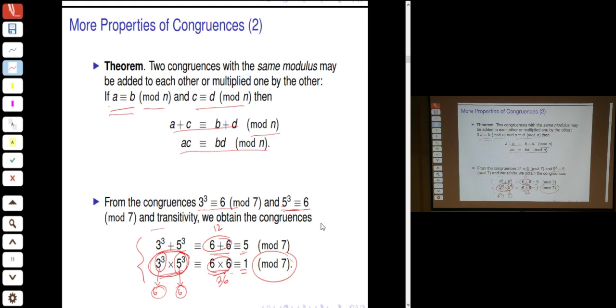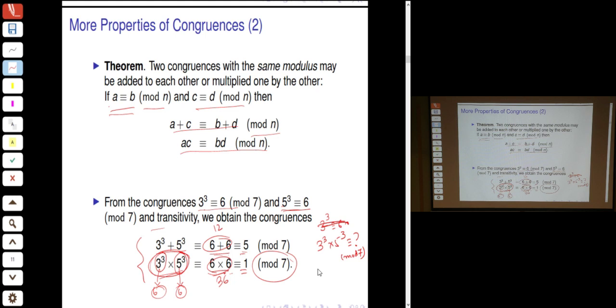So, just to go over the example again. Suppose we want to find the remainder when 3 cubed times 5 cubed is divided by 7. In other words, we want to find the question mark, so that 3 cubed times 5 cubed is question mark mod 7. And this question mark has to be the remainder, so it has to be between 0 and 6.